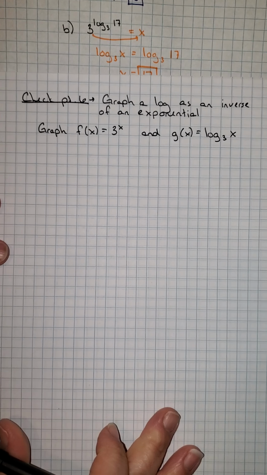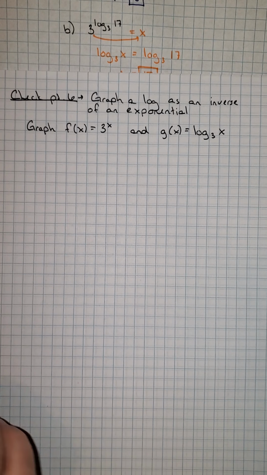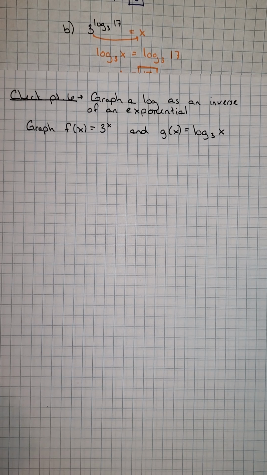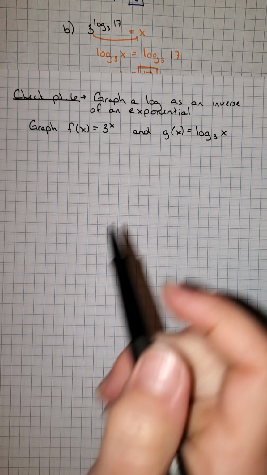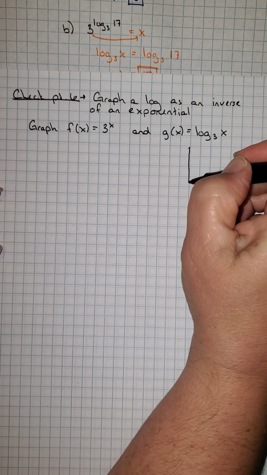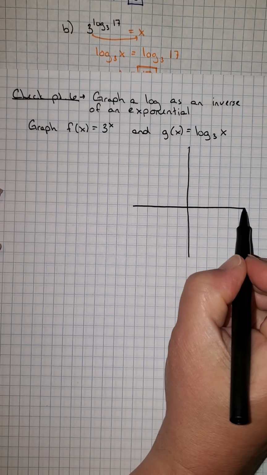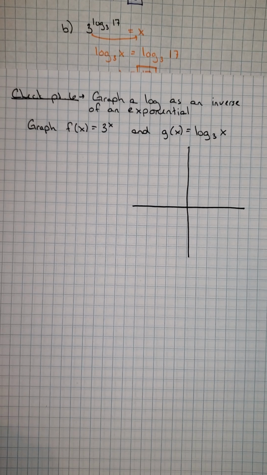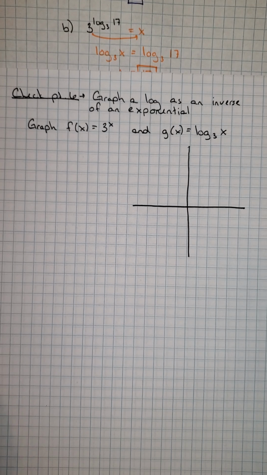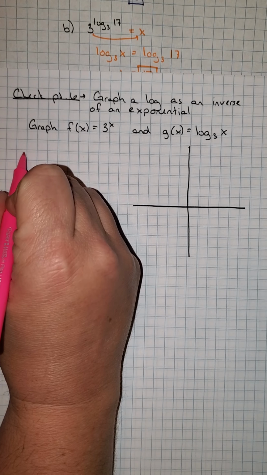I know we graphed 3 to the x a bunch of times in section 4.1. Oops, let me draw my axes in there. All right, so first of all, f of x equals 3 to the x.